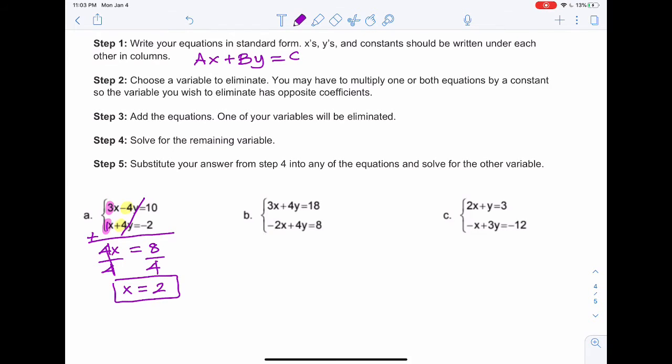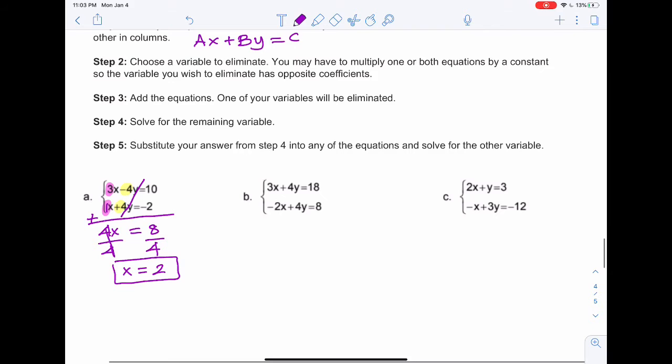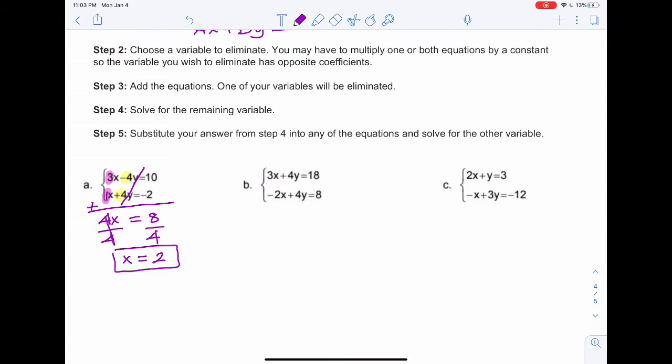So we found x. The next step says substitute your answer from step 4 into any of the equations and solve for the other variable. I'll choose the first one, but you can also do it for the second one. 3x minus 4y is equal to 10. 3 times 2 minus 4y is equal to 10.